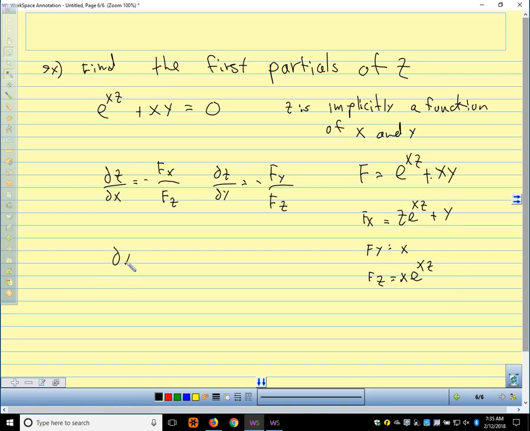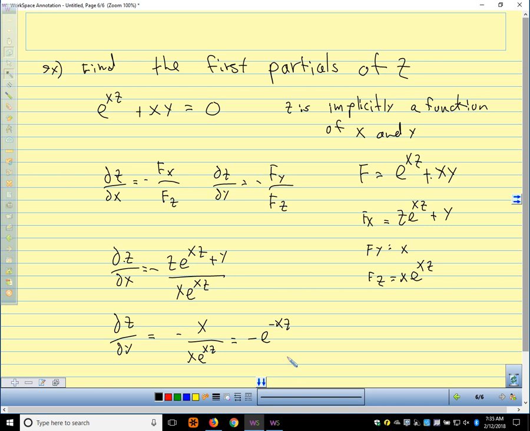So dz dx is negative f sub x, z e to the xz plus y, over f sub z, x e to the xz. And the partial of z with respect to y, f sub y, x, got a negative there, x over x e to the xz, which is just negative e to the minus xz.